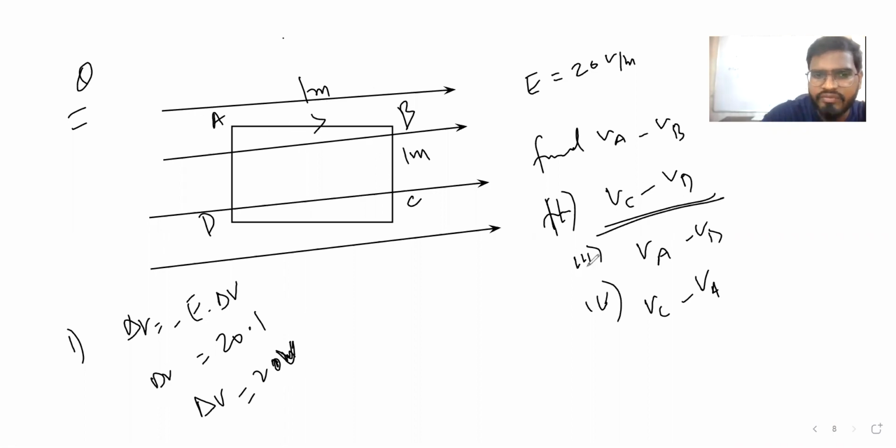Okay. Now what? VC minus VD. If you will see, it is going to be what? Let's see, second part. VC is opposite now, right?